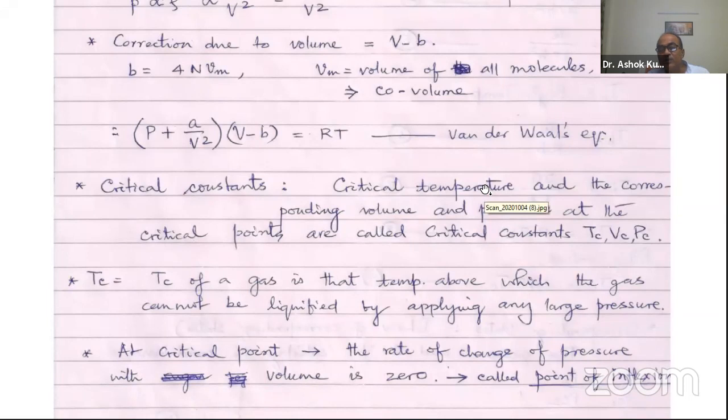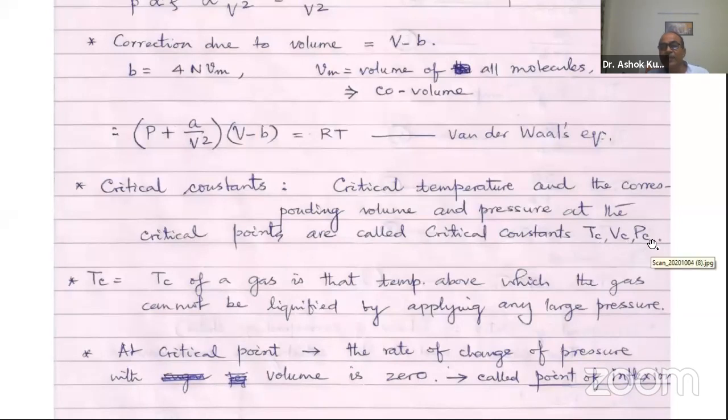This critical temperature and the corresponding volume and pressure are called critical volume and critical pressure, and collectively they are called critical points. That means critical temperature, critical volume and critical pressure are collectively called critical points, or critical constants, denoted by Tc, Vc and Pc.